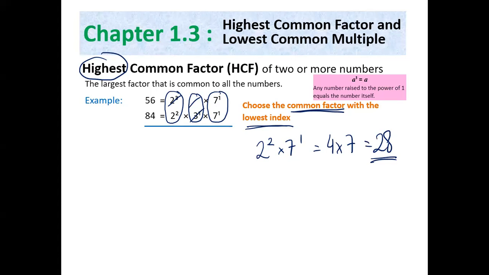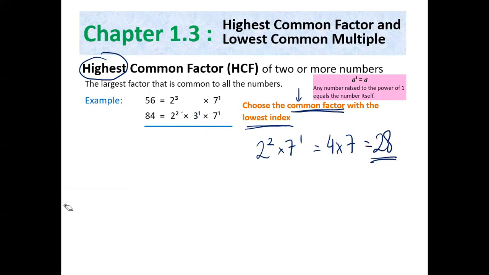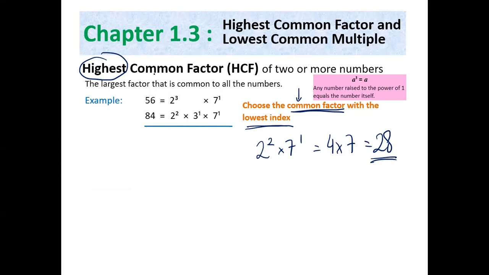Keep in mind that the highest common factor is always the lowest with a common factor. Common means shared, is there a common one or not. If there is no common factor, such as the 3, which has nothing on top, don't pick it, right? So the highest common factor is picky.